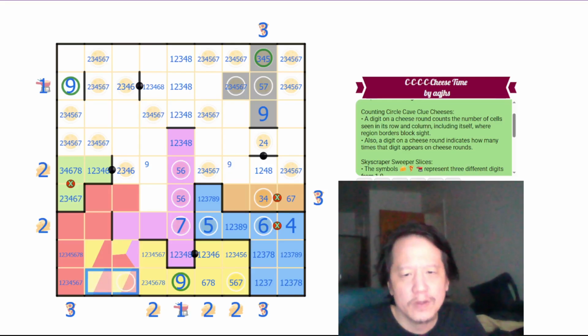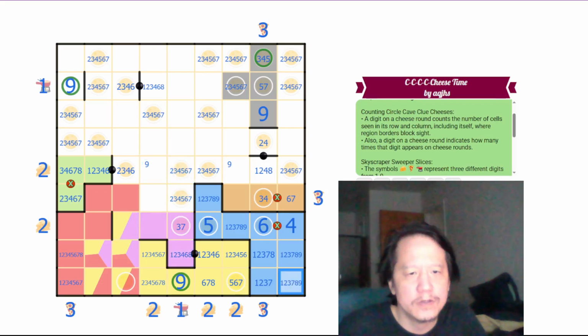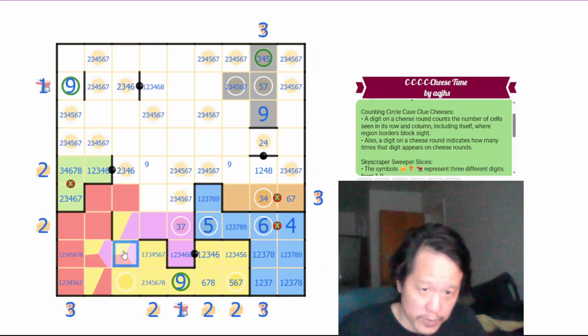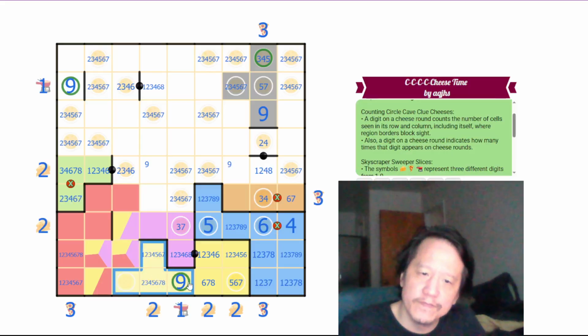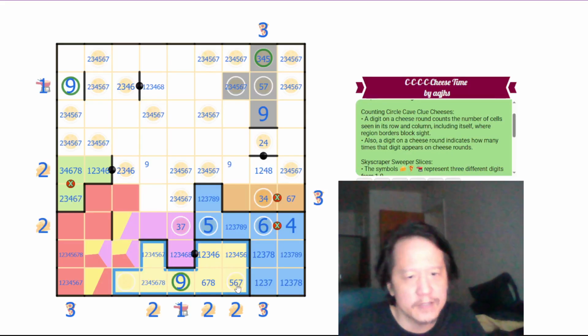So what happens if we had... maybe make the assumption that this is yellow. So if this is yellow, we cannot have another yellow here, because that would be 1, 2, 3, 4, 5, 6, 7, 8.